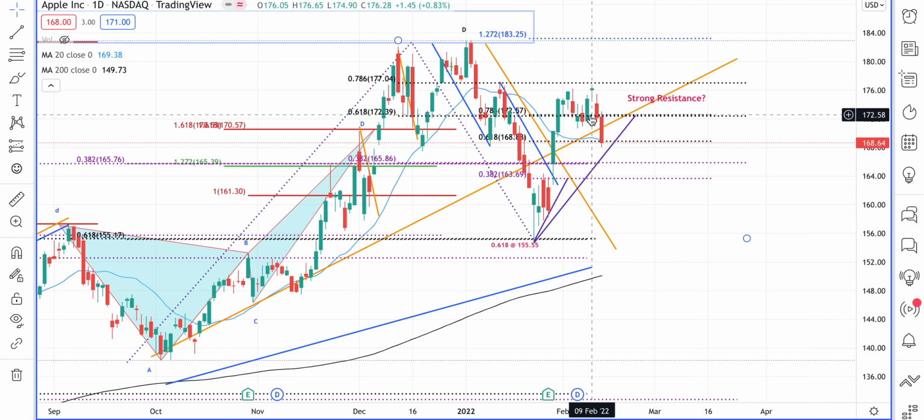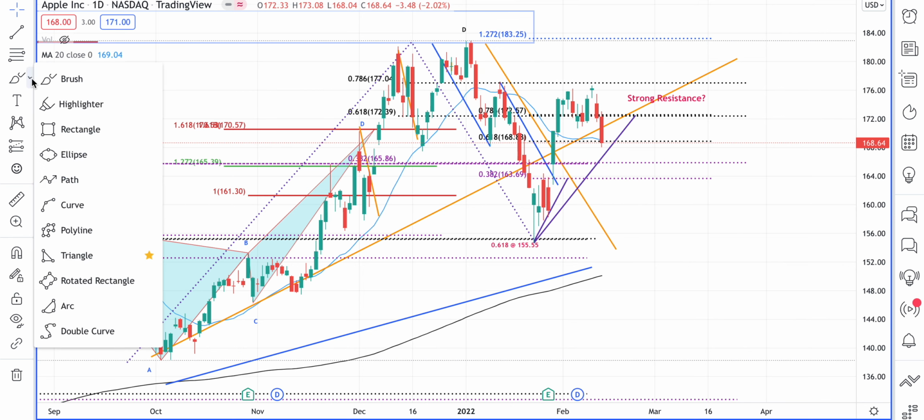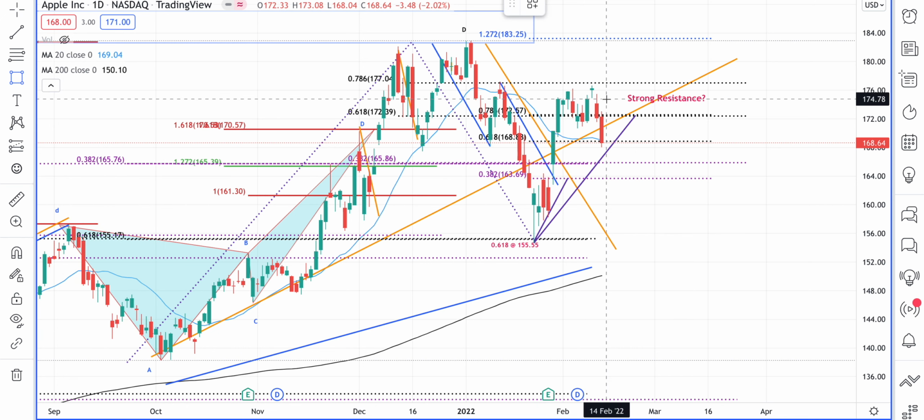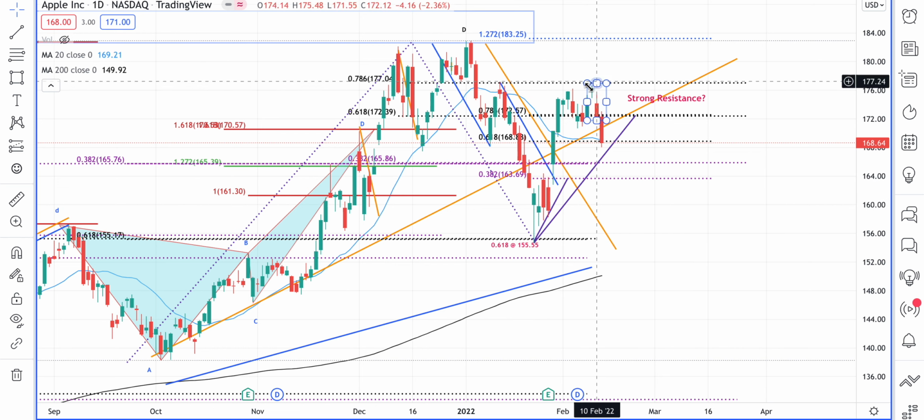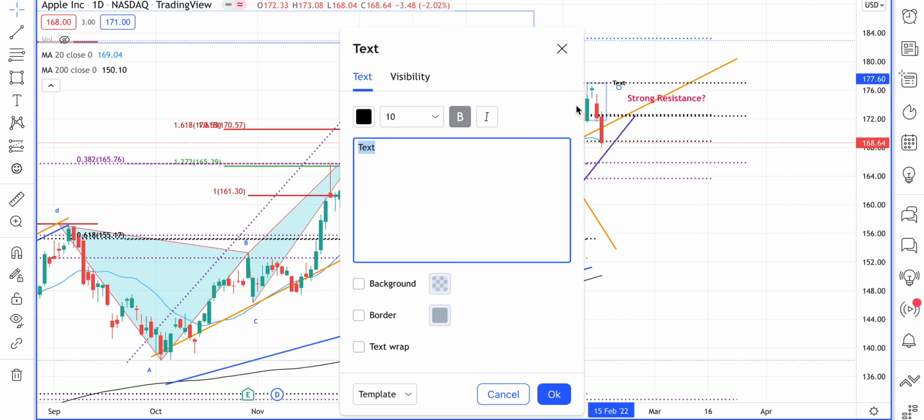In fact, what it had done here, this part, let me identify this with a rectangle, is something which we can identify as being an island reversal. Let me write this here.